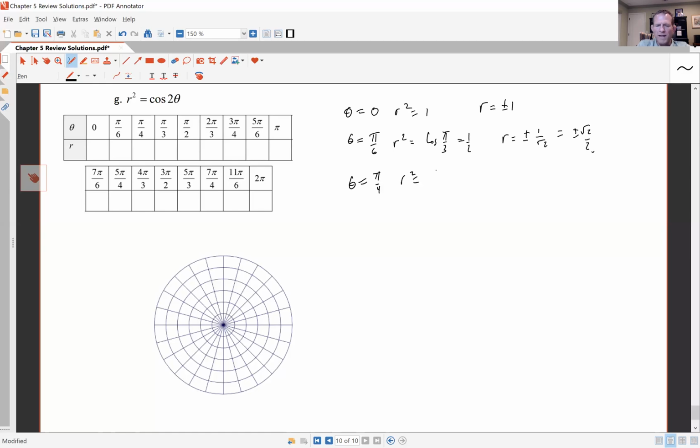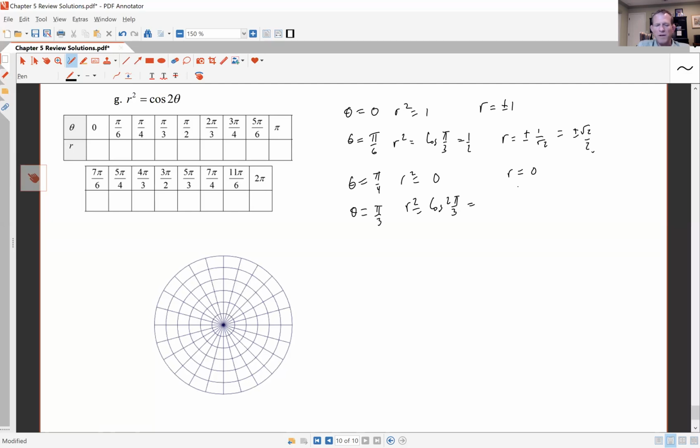Pi over 4, we have cosine of 2 times pi over 4, or cosine pi over 2. That's 0, so r is equal to 0 in that case. When you start putting in pi over 3, that's the cosine of 2 pi over 3, which is negative.